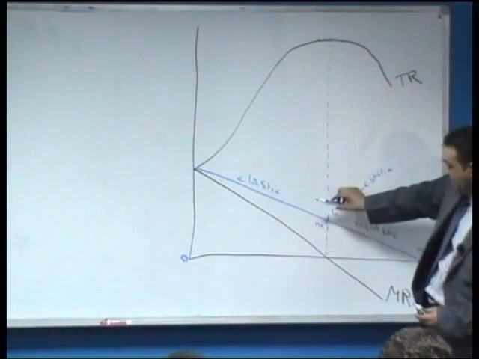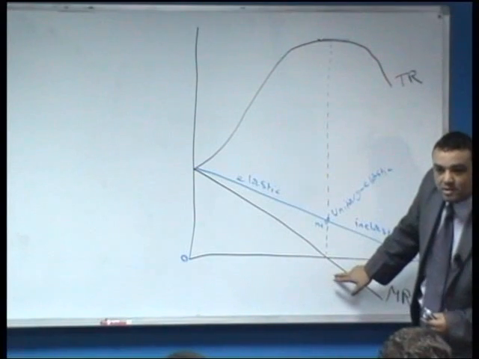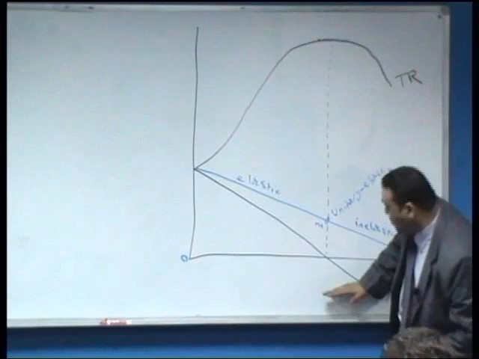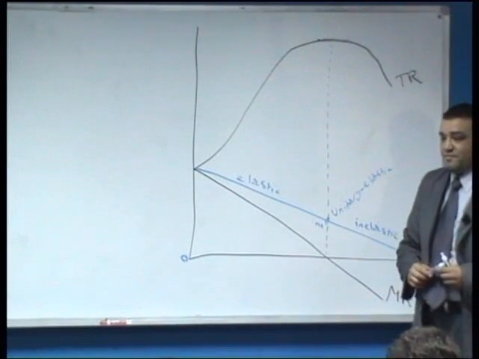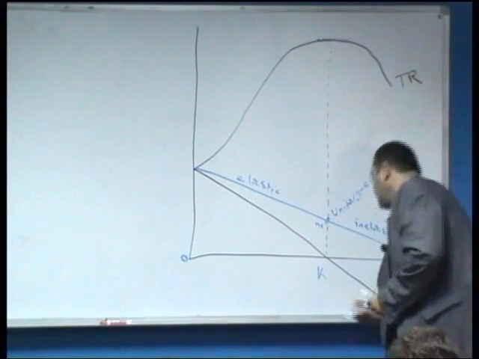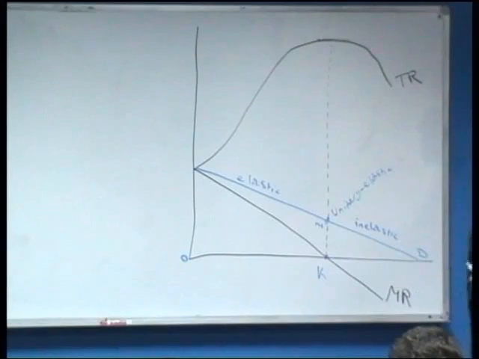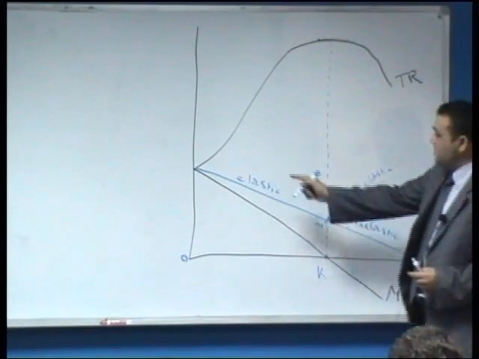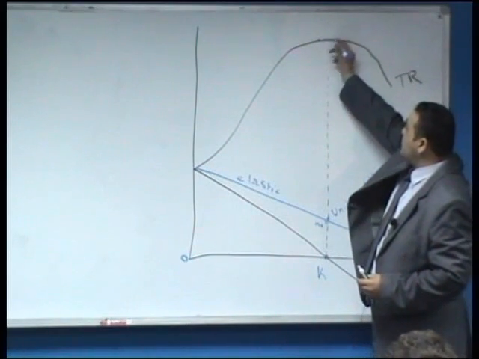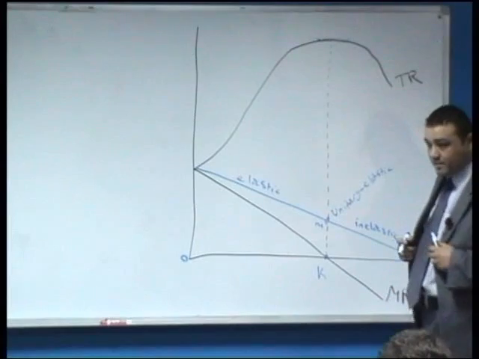Above this line, MR is positive. At this point, MR equals 0. And below this point, it would be negative. Right? So suppose this is point K. As you see, the total revenue curve is increasing, it reaches the peak, and then it declines.